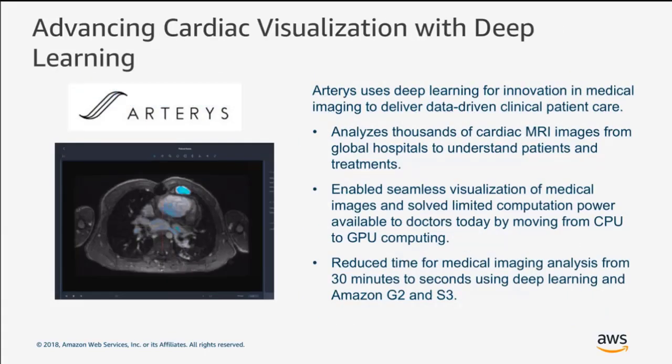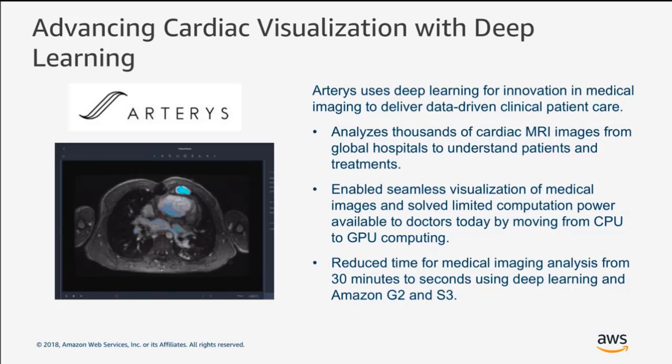And lastly, taking a look at some of the other interesting areas used for deep learning is cardiac visualization. This is taking a look at the actual operation of someone's heart based on MRI images that have been taken, and building a seamless visual model of the heart in action, something that can be highlighted, outlined, and annotated for medical practitioners.